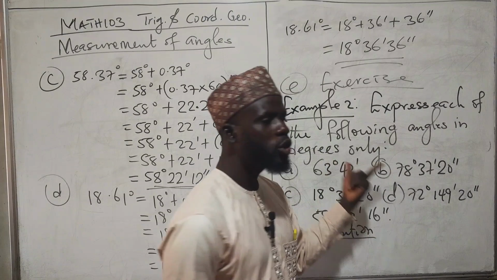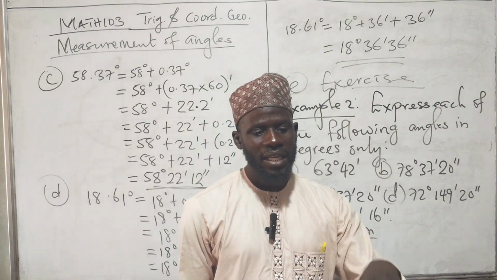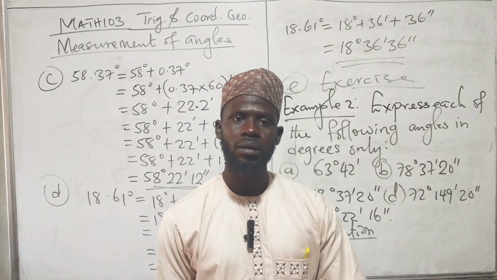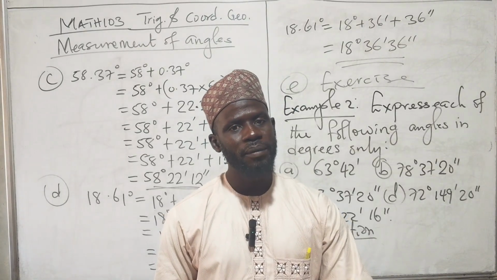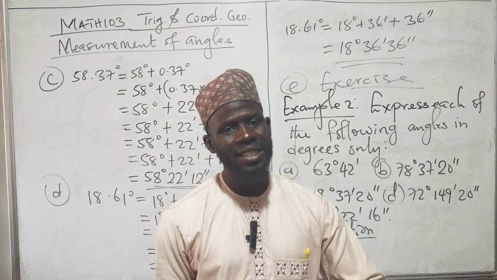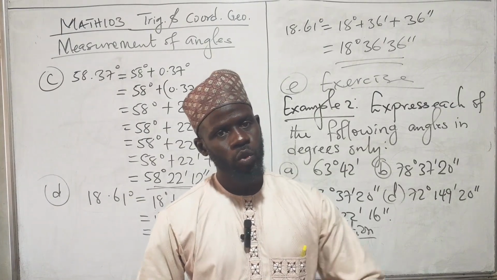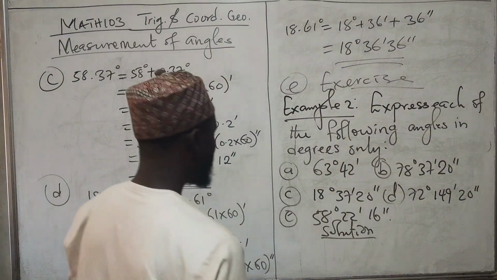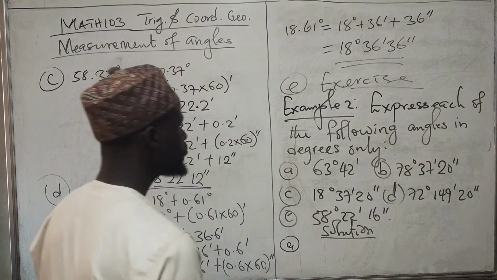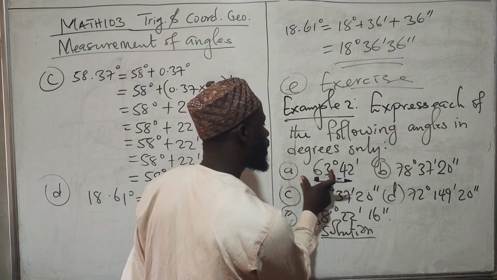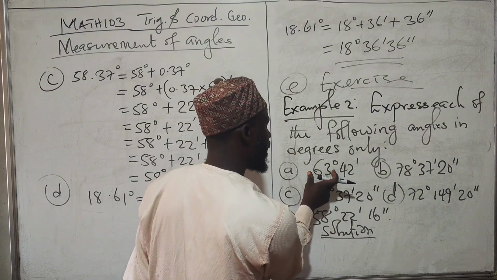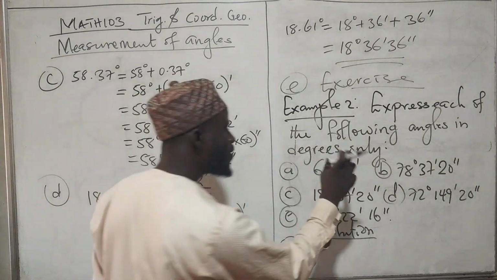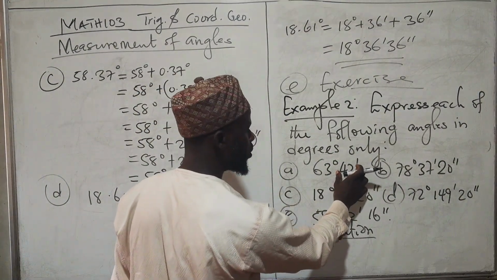Meaning, if any part of the angle is measured in either minutes or seconds, then convert that minute or second to degrees and add up the result. As we can see in example A, 63 is in degrees, and then 42 is in minutes. So you convert this 42 to degrees and then add up the result.